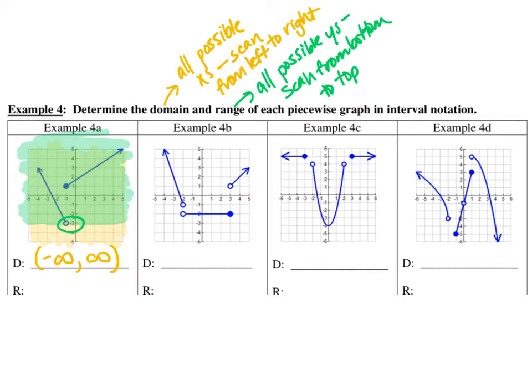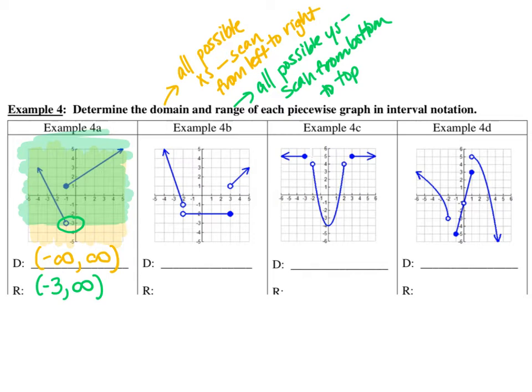So this is not going to include an or equal to. This is going to have to be an open parenthesis at -3. And then that green range continues up toward positive infinity on the y.